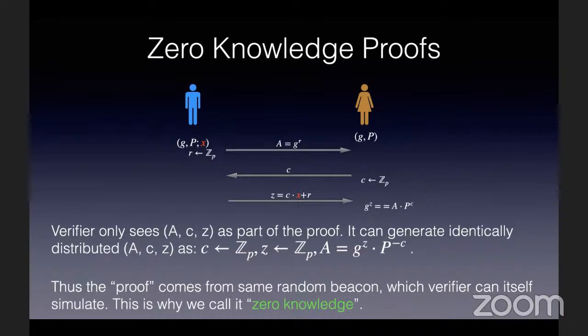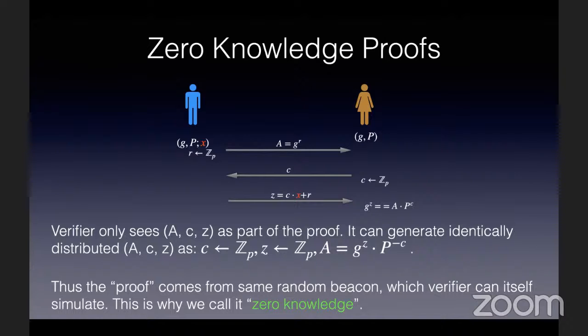It's randomly distributed subject to the constraint that G to the power Z is A times P to the power C. The prover randomly picked R and the verifier randomly picked C, and the final Z was sent so that it satisfies the equation G to the power Z is A times P to the power C. Imagine this A, C, Z is useful to the verifier, that it allows him to do something useful. The whole point is it doesn't need the prover to get this A, C, Z. It can sample from the same distribution on its own.